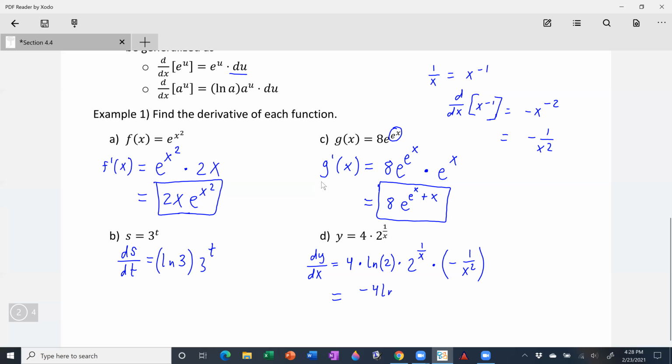And then we've got ln of that 2. And then this has 2 to the 1 over x. None of that stuff can be combined because the 4 is multiplying like a regular 4. That 2 is inside the natural log. And then that other 2 is being raised to a power. So none of that can be combined. And then let's just go ahead and write the x squared with its own fraction on the bottom there. So then this would be the answer.